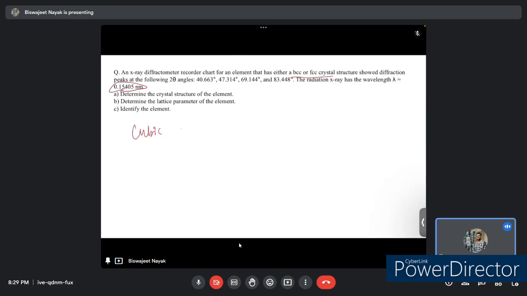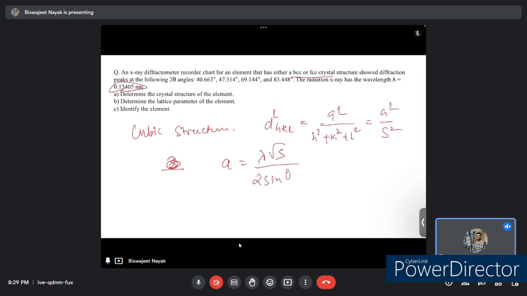So for a cubic structure, again we have d square hkl equals a square by h square plus k square plus l square, and same for a, we can write lambda root S by 2 sin theta, where lambda is given here as 0.15405 K alpha.